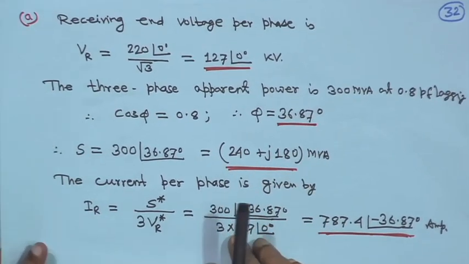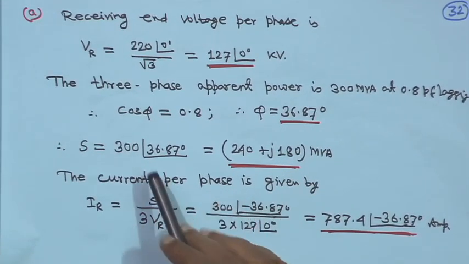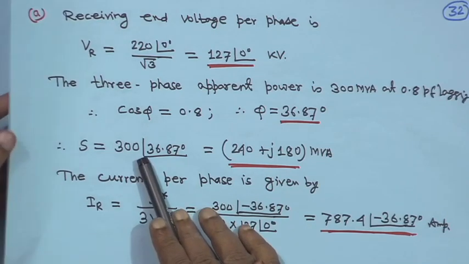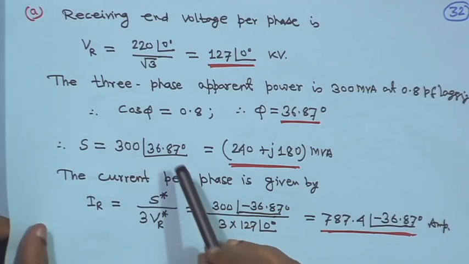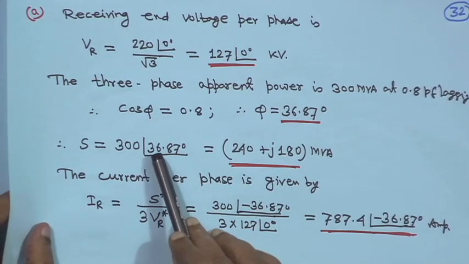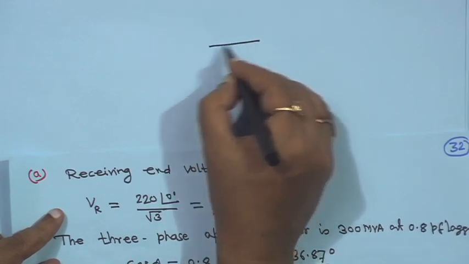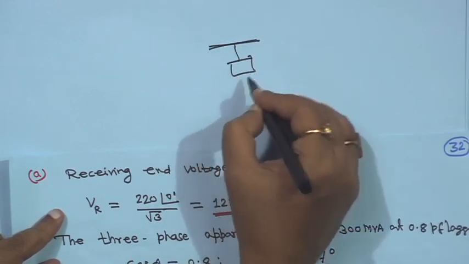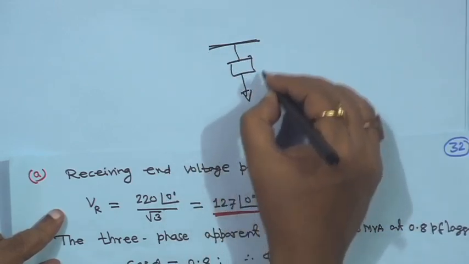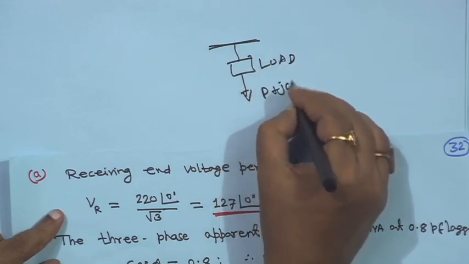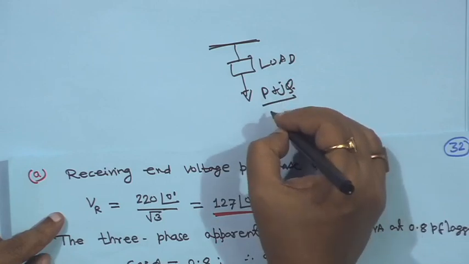Listen, one thing: when you are writing current it is minus, but when you write power the convention is that it should be P plus jQ, and this plus angle with power indicates lagging. I think I might have told you at the beginning that if a load is connected and it is P plus jQ, the load is consuming power.